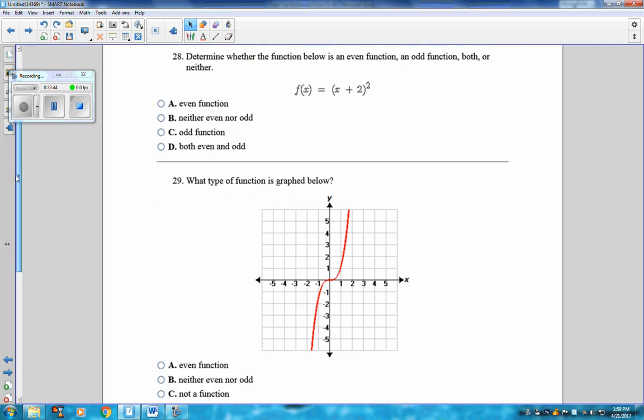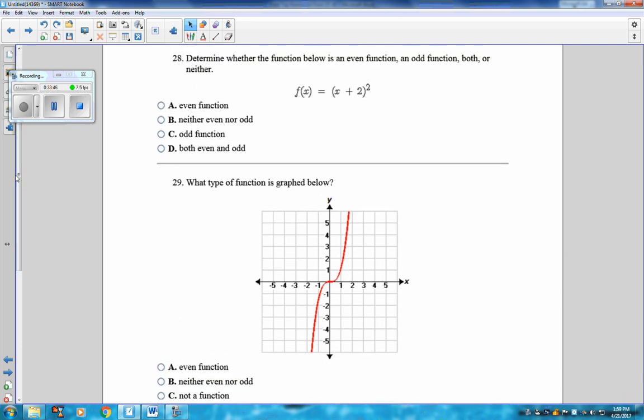Problem 28. Determine whether the function below is even, odd, or neither. For this example, pull this out. I'm going to have x plus 2 times x plus 2. Remember the FOIL method. Multiply your first numbers together, so x times x, I get x squared.